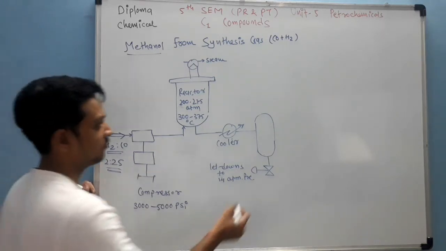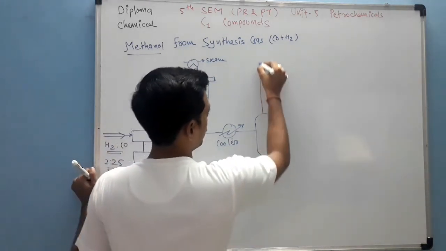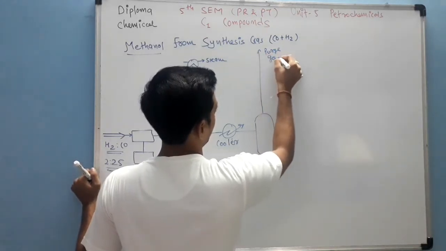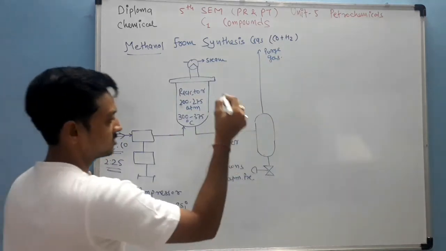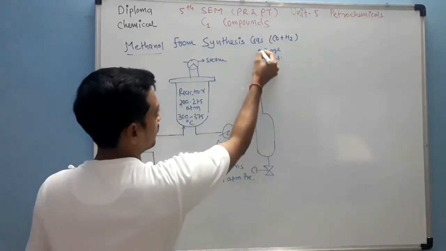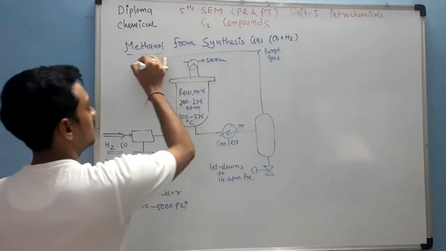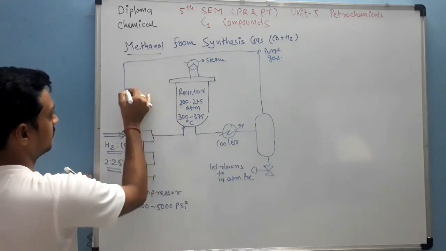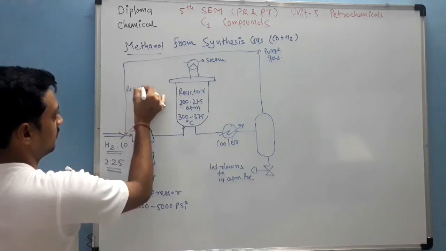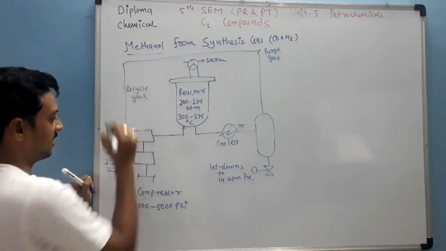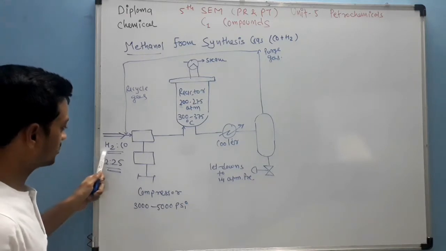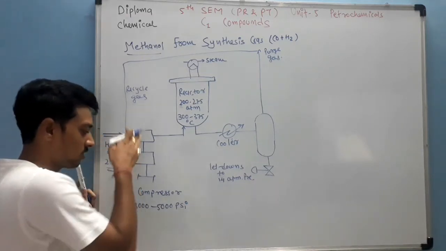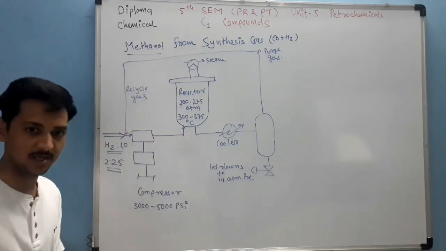Okay, now purge gas is removed from here, and then some of the gas is recycled back. The mixture of H2, CO and recycled gas goes to the compressor and then reacts.